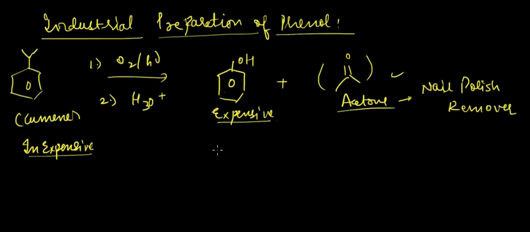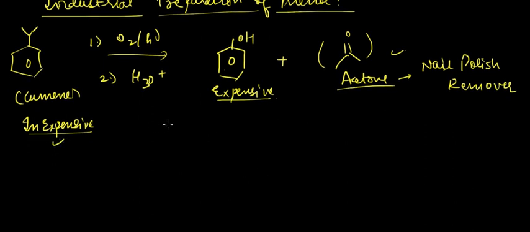Okay, so from one inexpensive compound we got two highly useful compounds. This has many practical applications, maybe not in daily life but in other chemical industries. Okay, so let us look at the mechanism of this reaction.